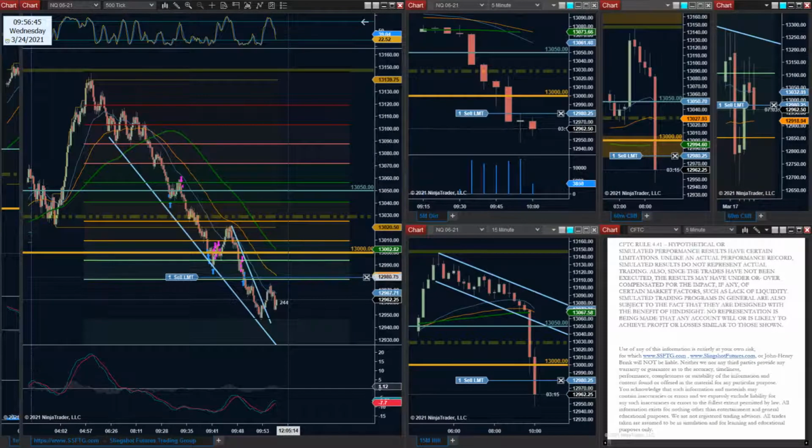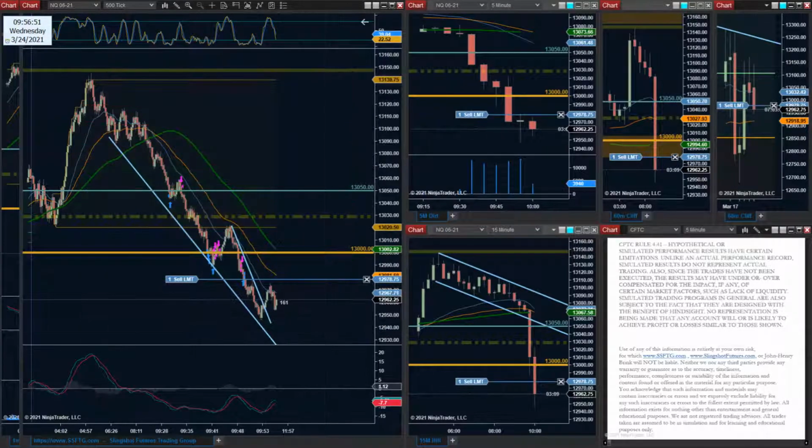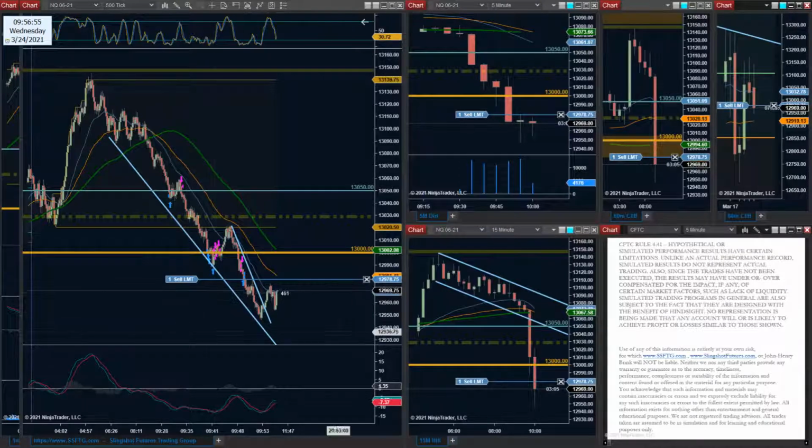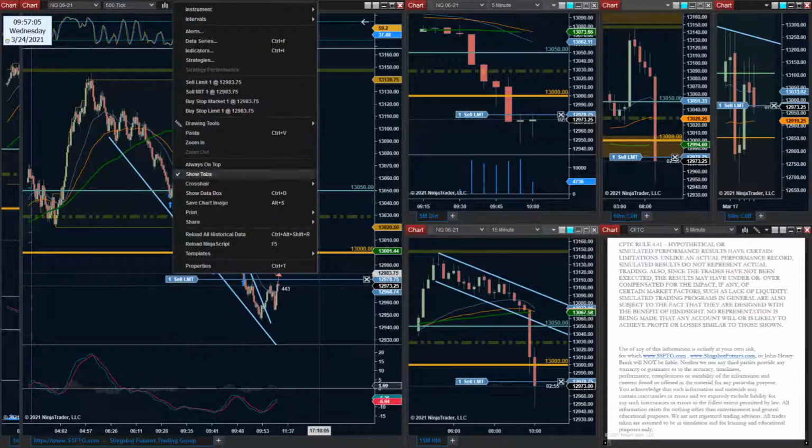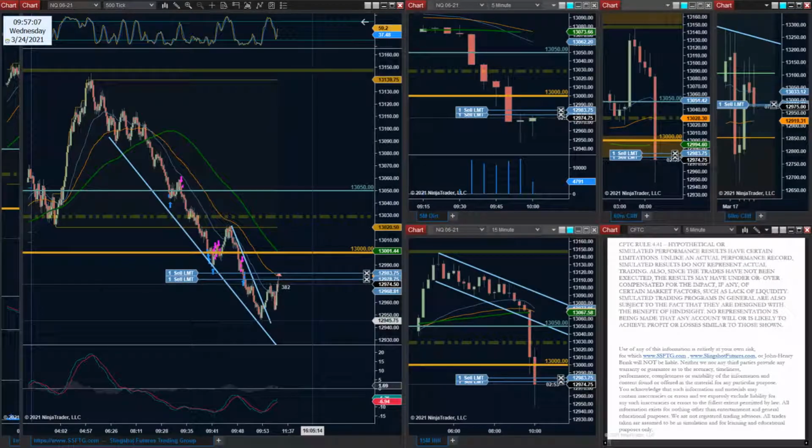Give me that correction back up. 78, 75 is going to be the zone of interest now. Up to 83.75.